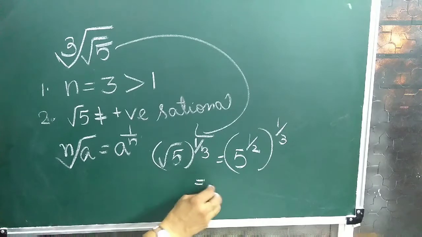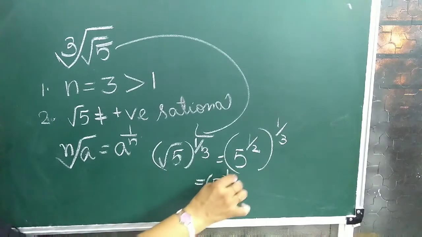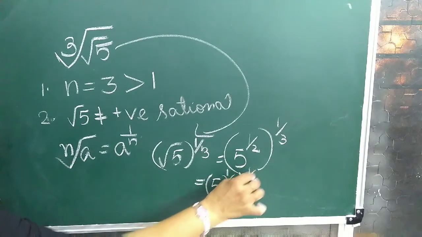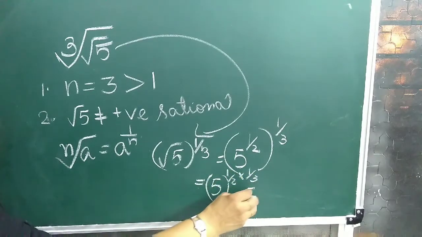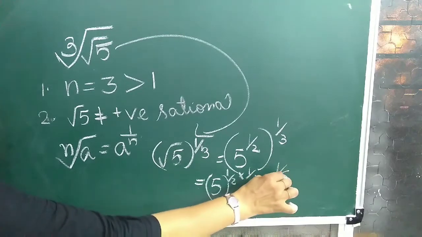That is equal to 5 to the power 1 upon 2 into 1 upon 3, that is equal to 5 to the power 1 upon 6.